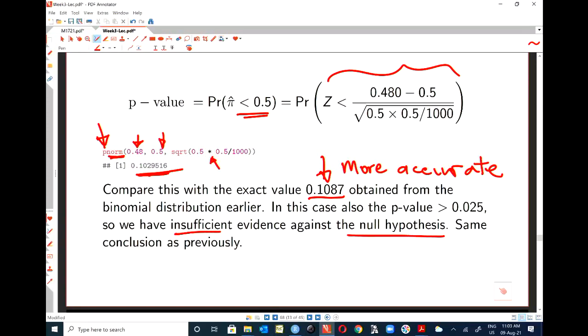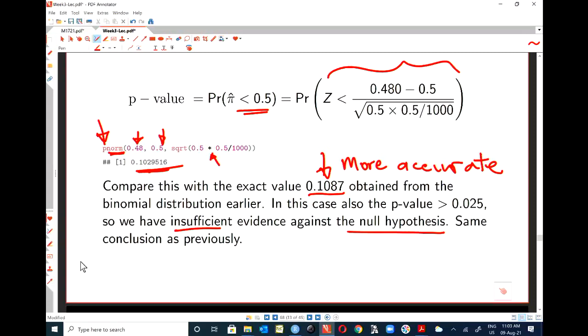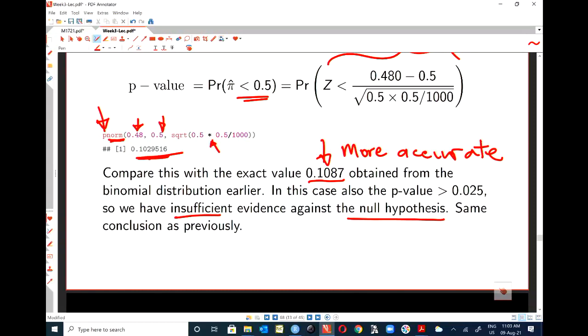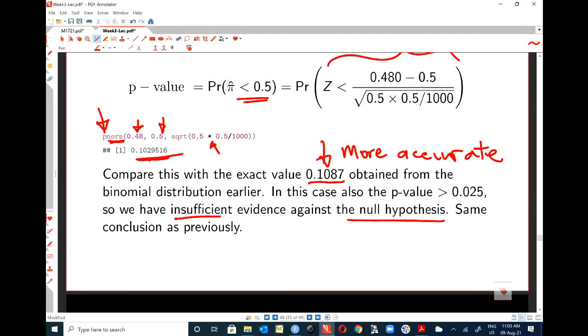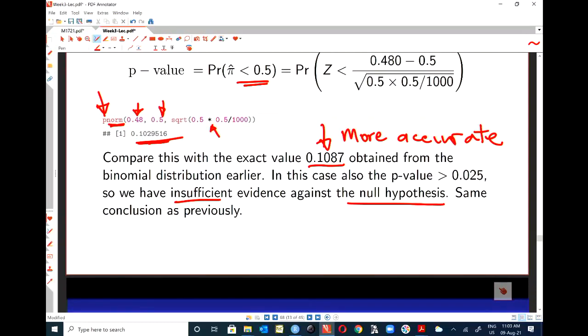Either is good enough in our case. I prefer to use the exact binomial test when I can, but you can do this as well, and that's also fine. In the end, when we get to fitting models, R does things by the normal distribution anyway, so it makes no difference. But in small sample sizes, you might find a difference if you don't use the exact test. Any questions so far? I'm speaking for an hour or so now.